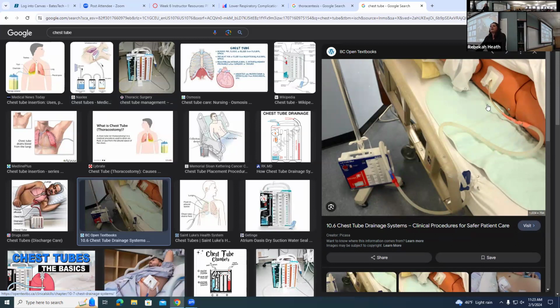So generally you'll have your insertion point where they went in and inserted into that area. Usually if they can, they'll either use a CT machine or an ultrasound to guide them, to make sure they're going into this space that actually has the air, it's open. Then you'll have your tubing that comes down and let's find a better picture of the chamber.